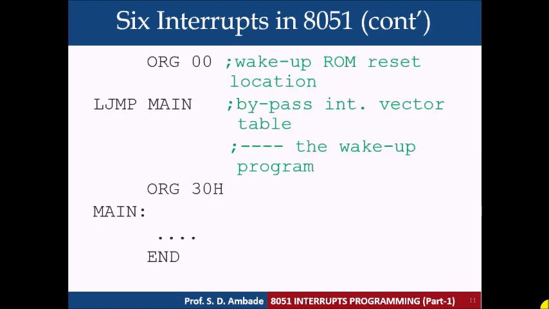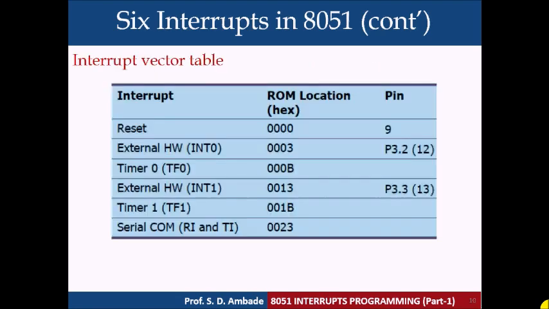So this is how to write a program. ORG 00H is the ORG directive used at the starting of the program. It is for the wake up ROM reset location. Then LJMP main, where main is the label and LJMP is a long jump. It is to bypass the interrupt vector table. As we all know, the interrupt vector table occupies locations from 00H to 0023H.